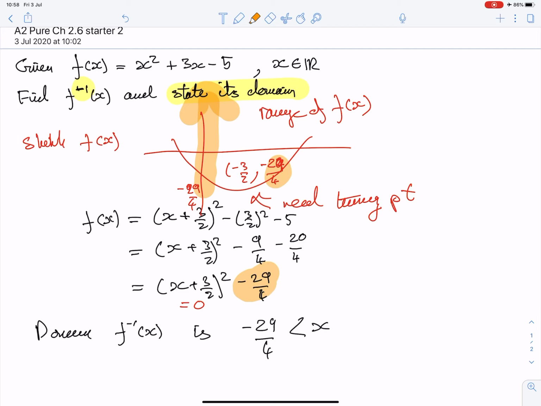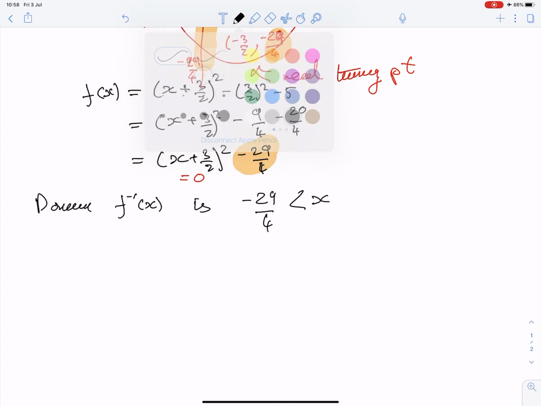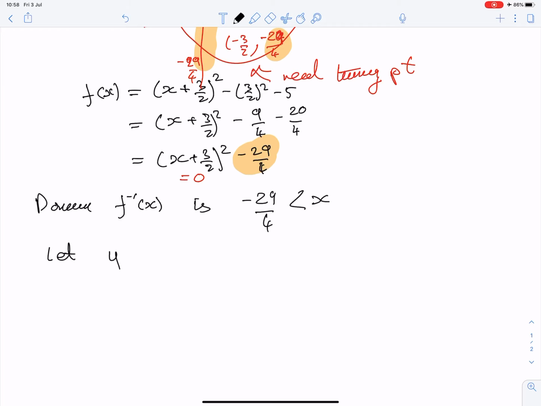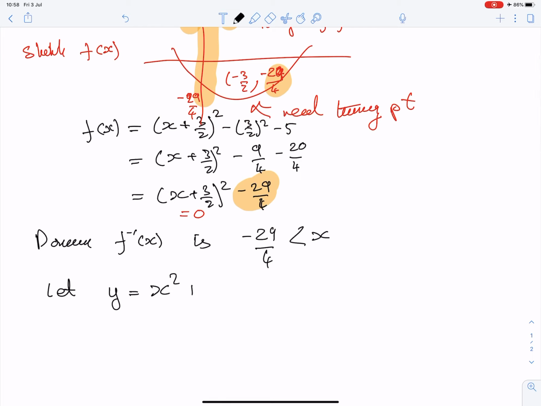Okay, we've also got to find f inverse of x. So we let y equals x squared plus 3x minus 5. So for the inverse function, we interchange x and y. So x equals y squared plus 3y minus 5.